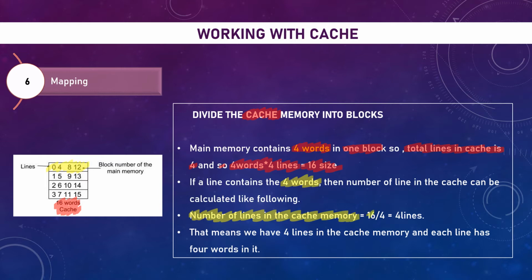So we have 4 lines in the cache memory, and each line has 4 words in it. This is how we can divide the cache memory into blocks.